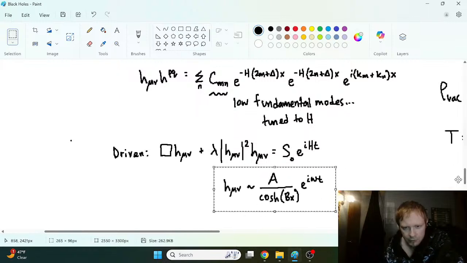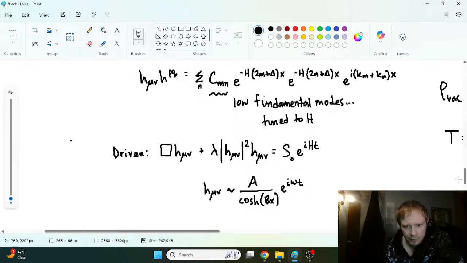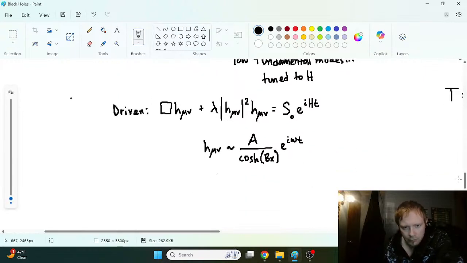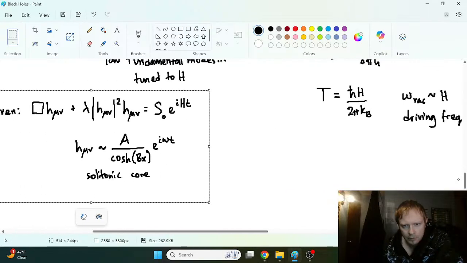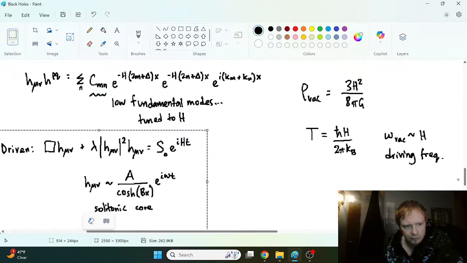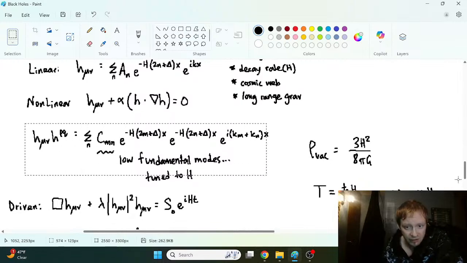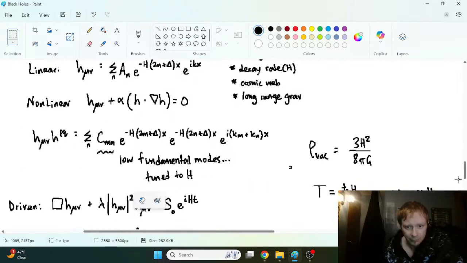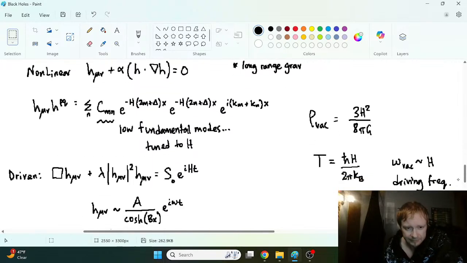And it would lead to equations like this. This would be a solitonic core. These things together would actually sustain this, even though it's a quickly decaying network. It's tuned to H, and so it's driven.